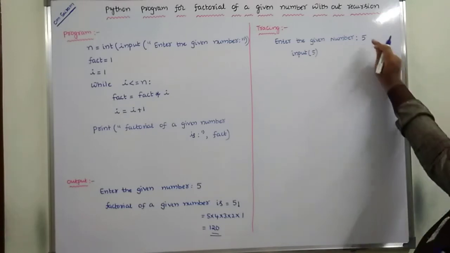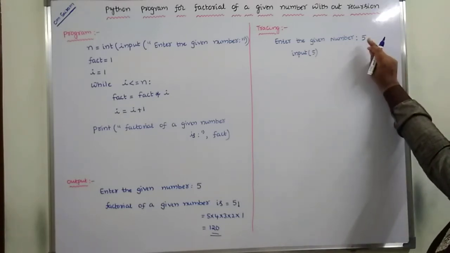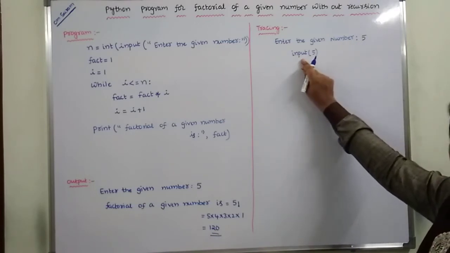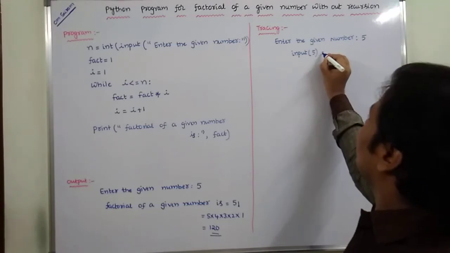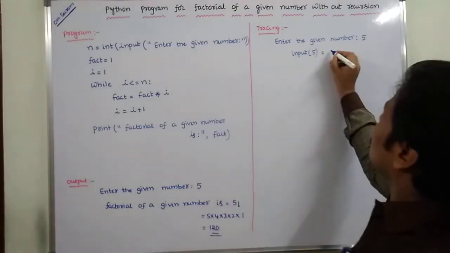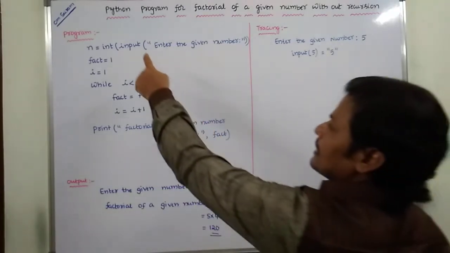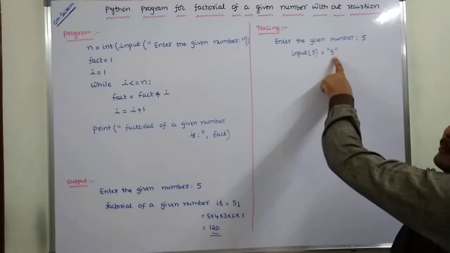Okay, so I am entering the value 5 from the keyboard. This value can be read by the input function. Now this input function returns the string value 5.